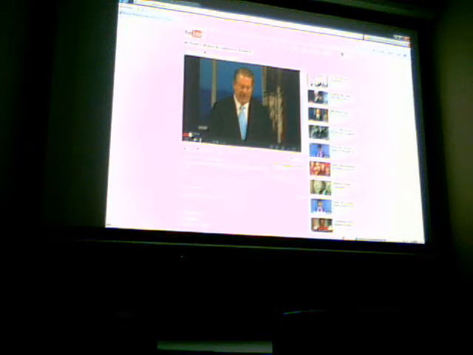Mute, unmute, unmute. Okay. Is the speaker system for the computer on? It's all the way up, right? Yeah.